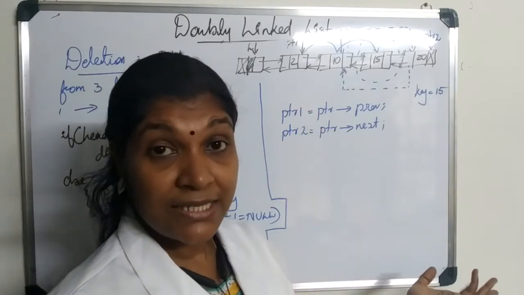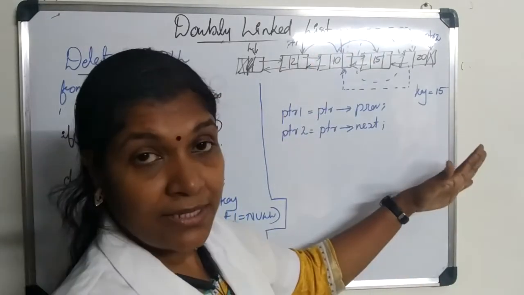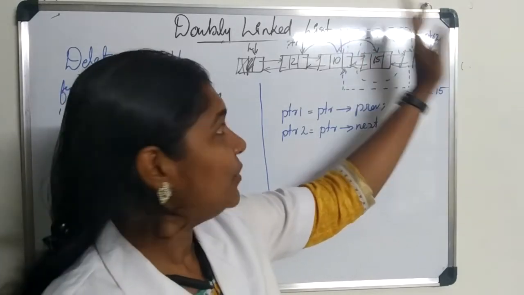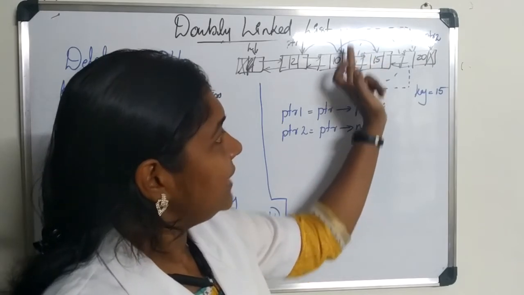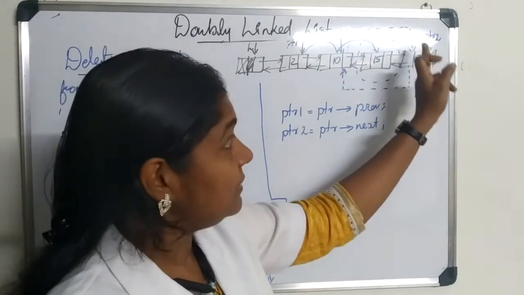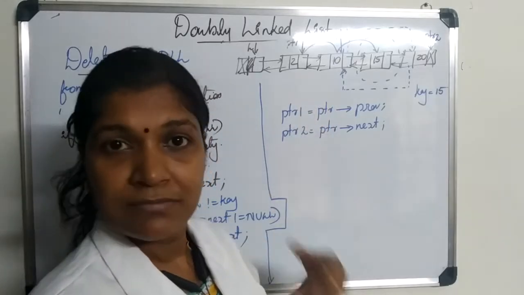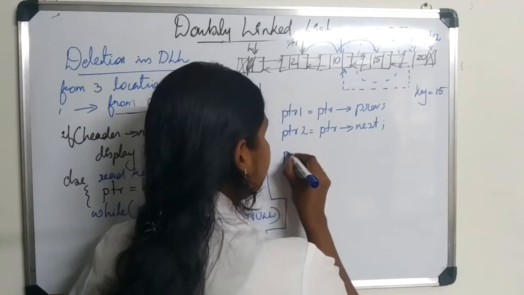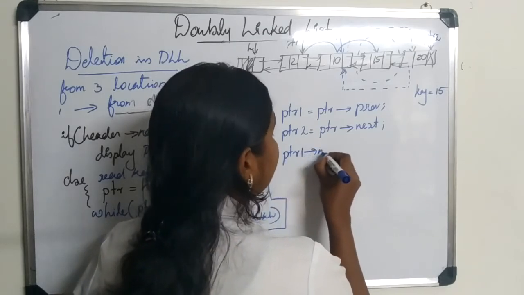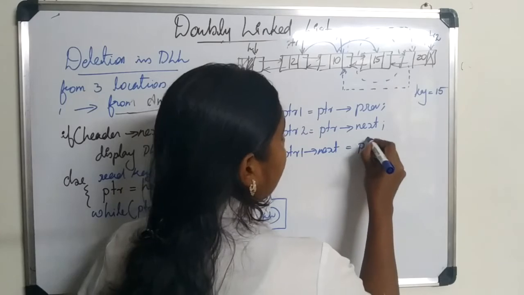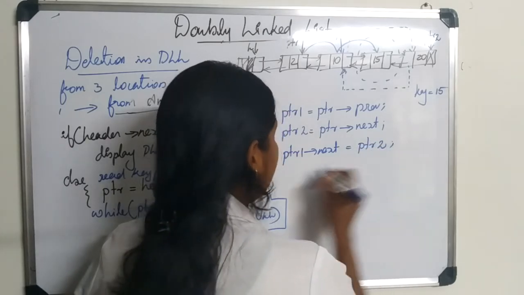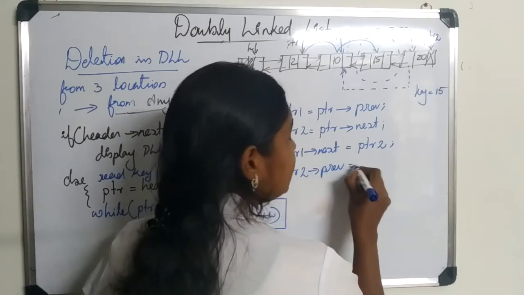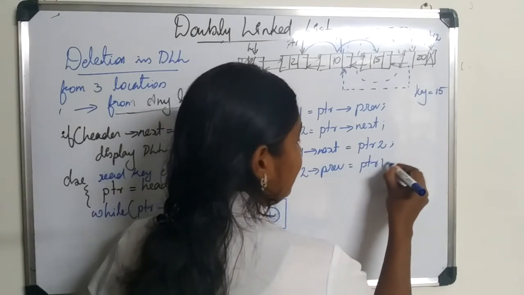Now things are very easy, because the only remaining thing is to reset the pointers between PTR1 and PTR2. So manage the links: PTR1 dot next is equal to PTR2, then PTR2 dot previous is equal to PTR1.